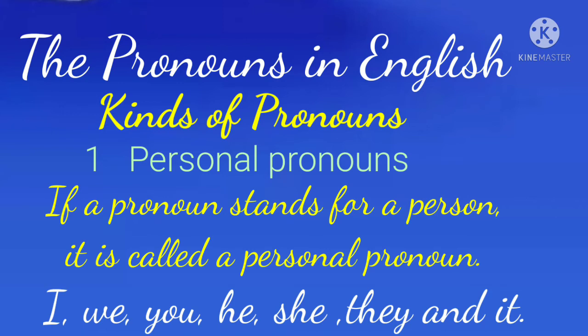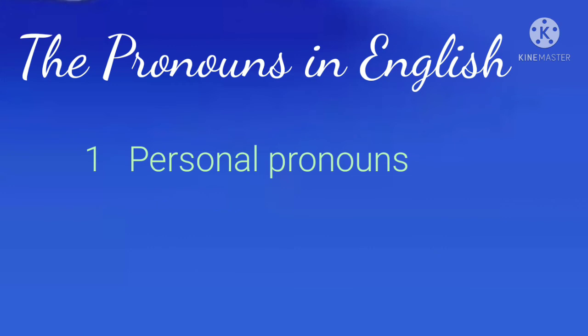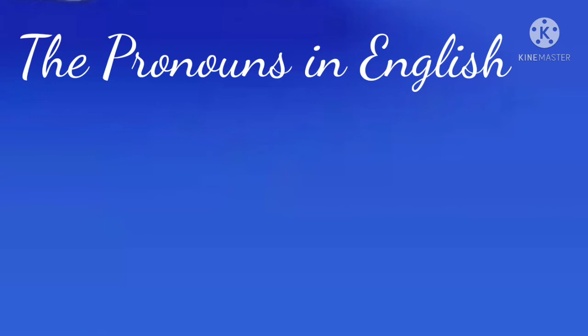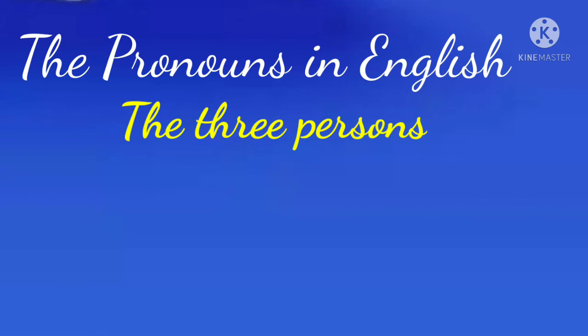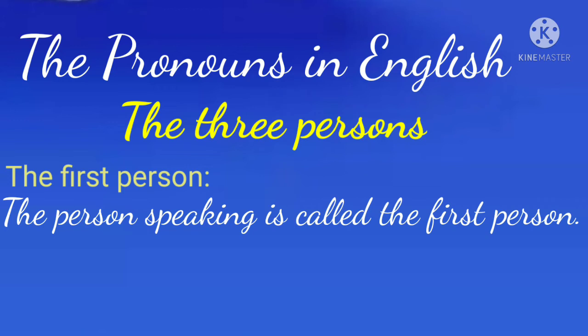Now, when we think of the personal pronouns, we talk about the three persons: the first person, the second person, and the third person. The person speaking is called the first person. I and we are the first persons in English, and they are used to refer to both masculine and feminine nouns.